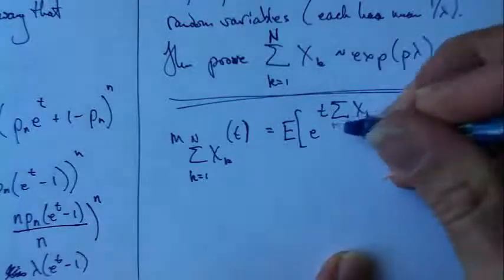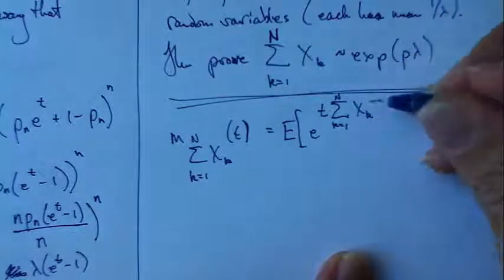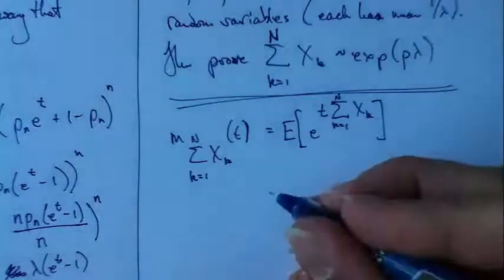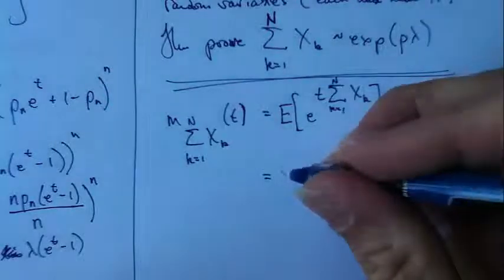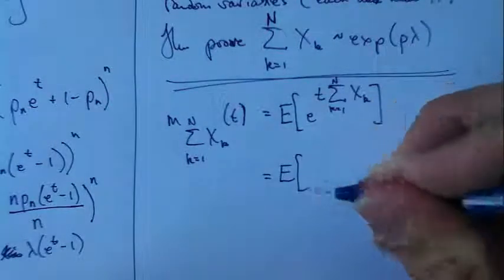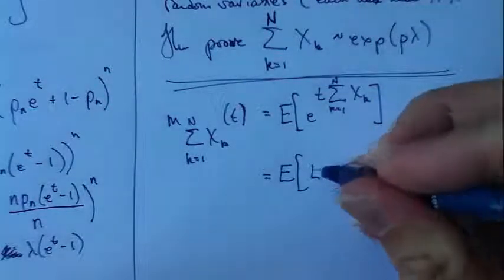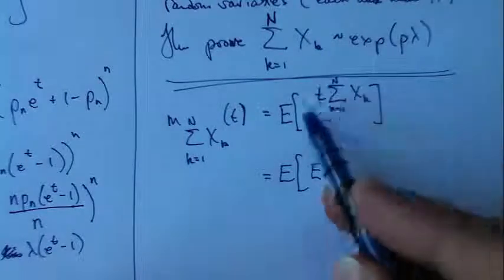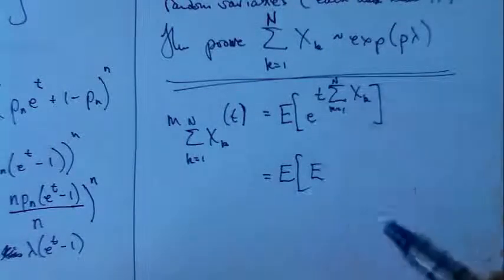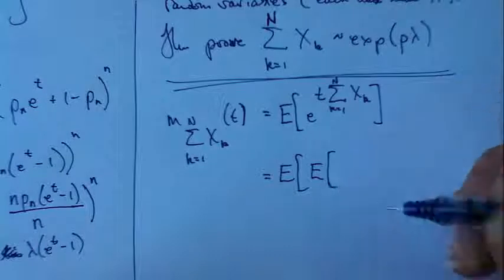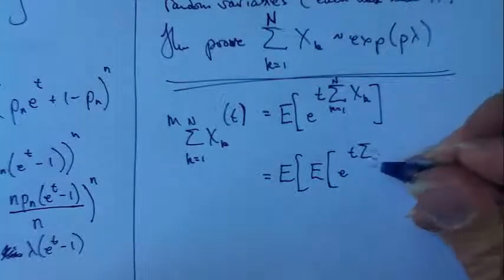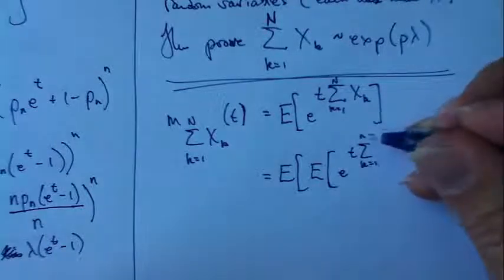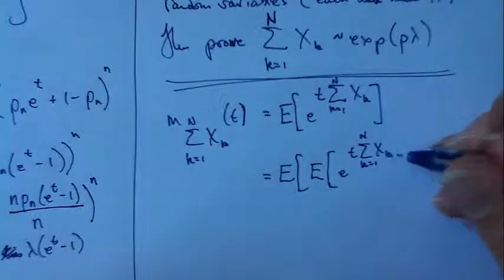K goes from 1 to N. Now, the first thing I'm going to do is make use of that nice tower property. Remember the property that says the expected value of a random variable can be written as the expected value of the conditional expectation of that random variable given some information. Told you that was useful.